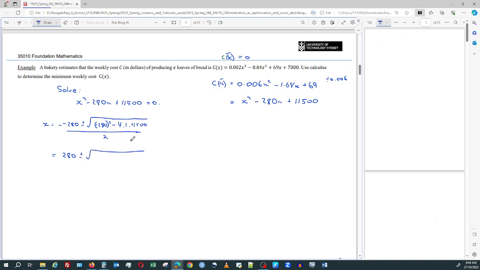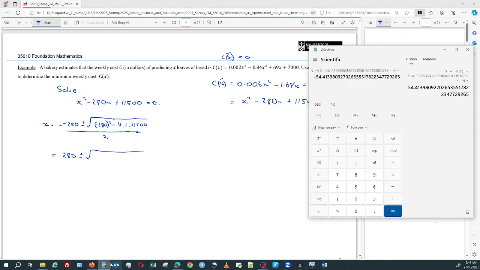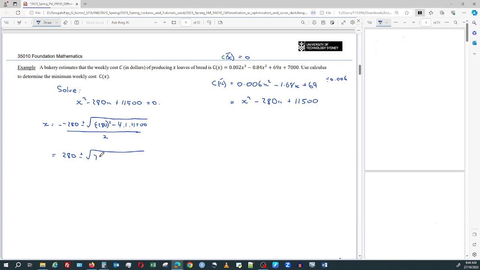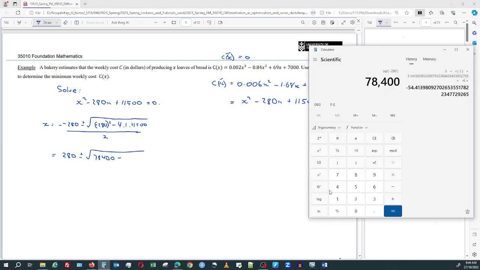the square root. Probably not important to step this out, but I think it is. So we've got minus 280 squared, which is 78,400. Don't be put off by the larger numbers. Now 4 times 1 times 11,500 equals 46,000.